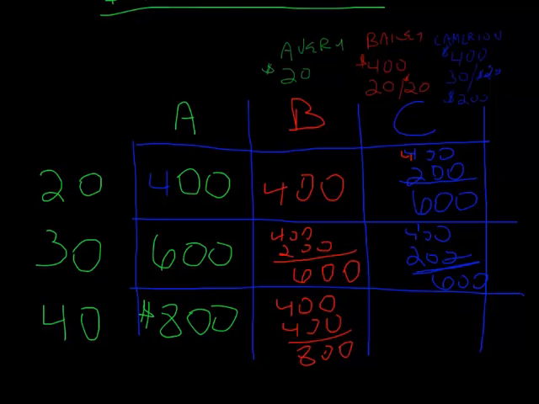We still got our 400 plus our 200 paperwork bonus, but now we've exceeded the 30, so we get a little extra money there. We've exceeded the minimum 30 sessions by 10, times $20 a session, so they get a little additional kick of 200. Add it up, $800.